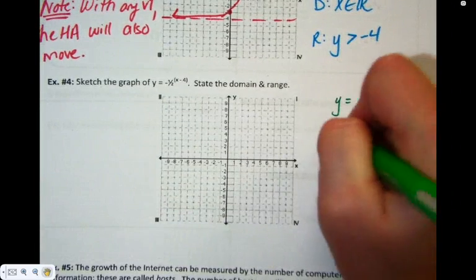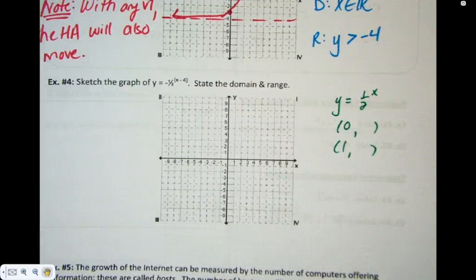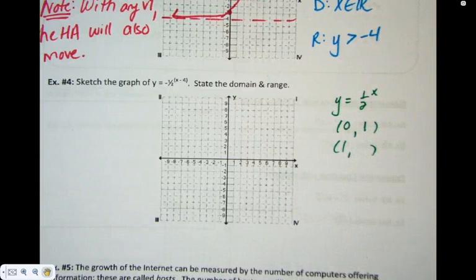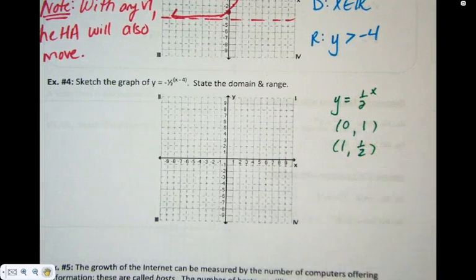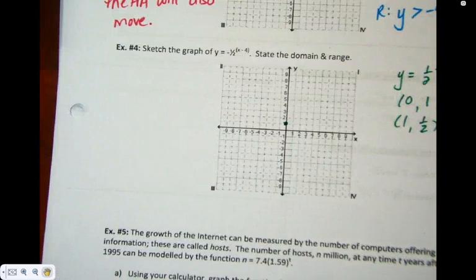I tend to just take the 2 points because it's easier. 1/2 to the 0. Anything to the 0 is 1. 1/2 to the 1 is 1/2. So 0, 1 is always going to be a point no matter what the base graph looks like.